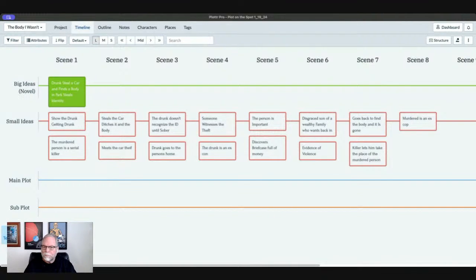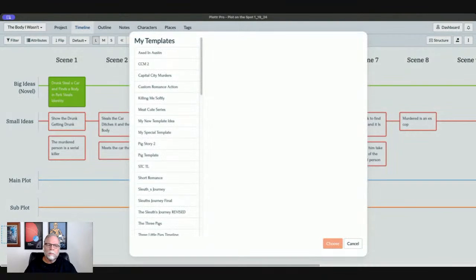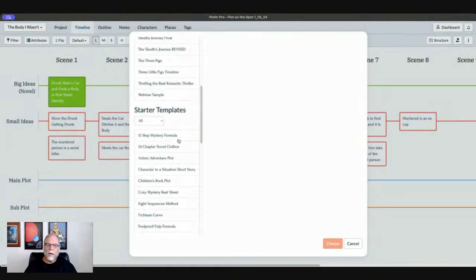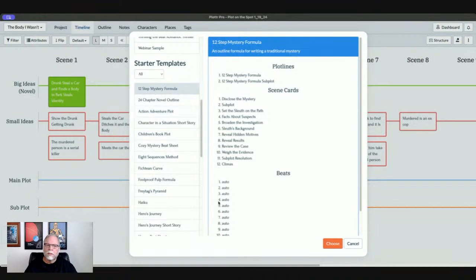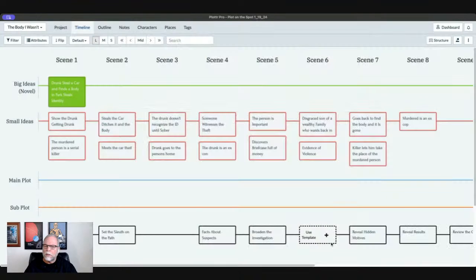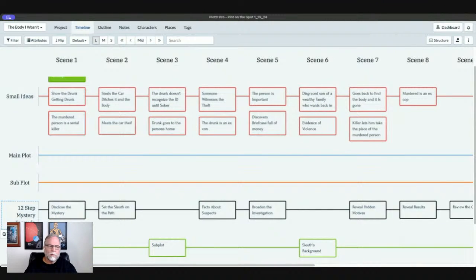Depending upon the type of story that you're telling, you could add any number of templates. Since we're using a mystery and thriller, we're going to add a really simple mystery template. Okay, so we're going to add the 12-step mystery formula as our template down here at the bottom. And we're going to start to see what ideas are going to fit with what part of the story.